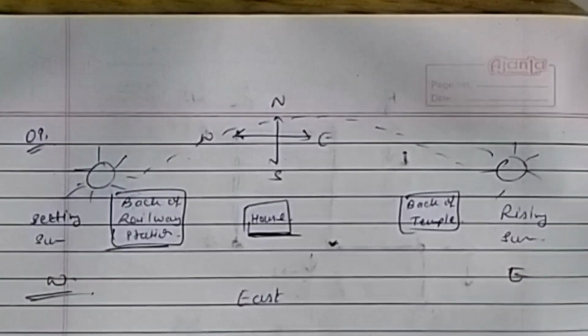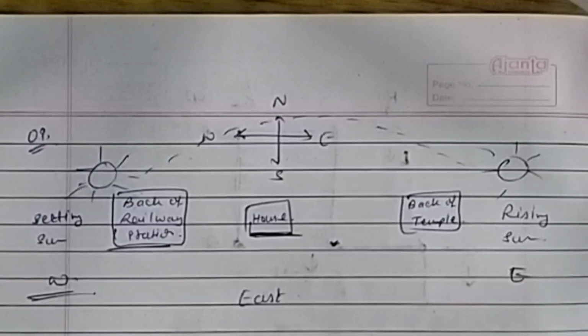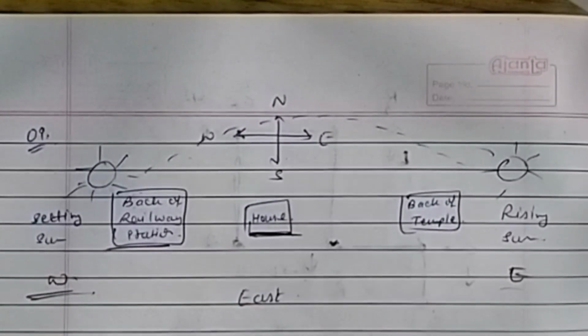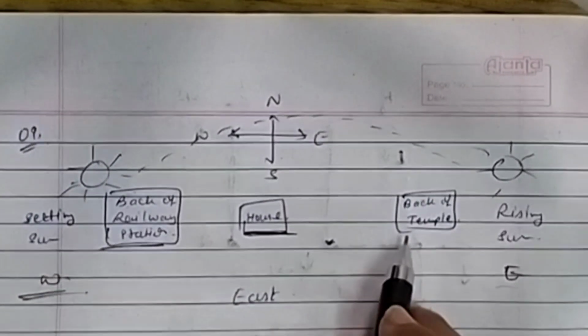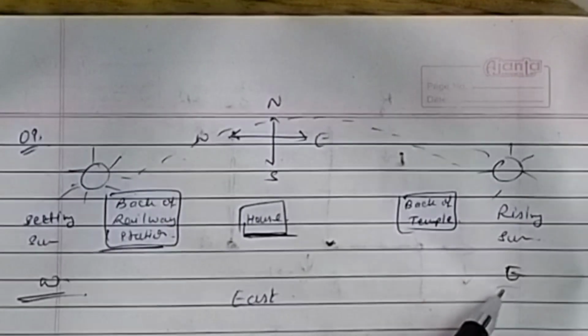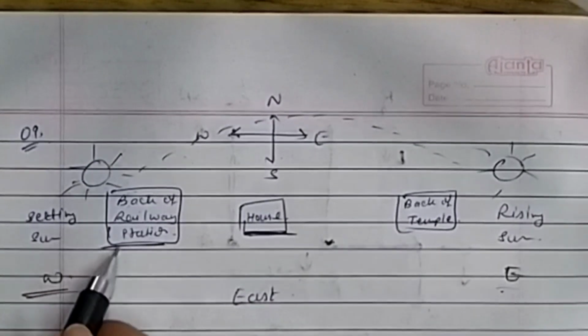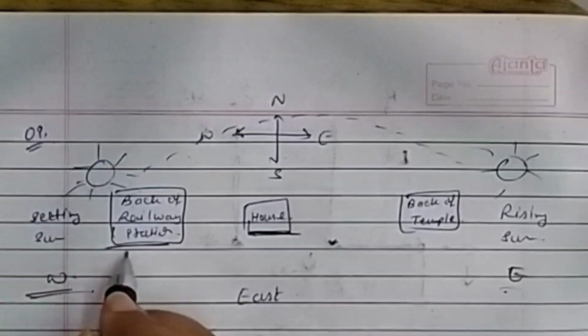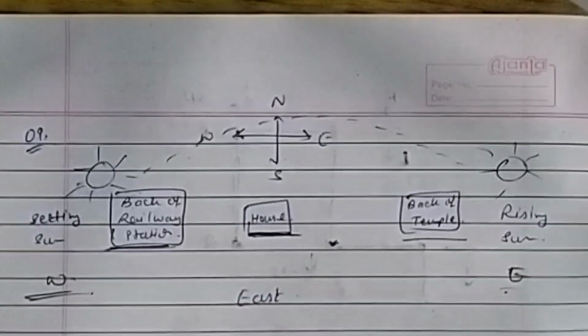So considering that, because Mohan is witnessing the rising sun from the side of the temple and the setting sun from the side of the railway station, we have placed the temple in the east and the railway station on the west side. So this will be the railway station and this is the temple.